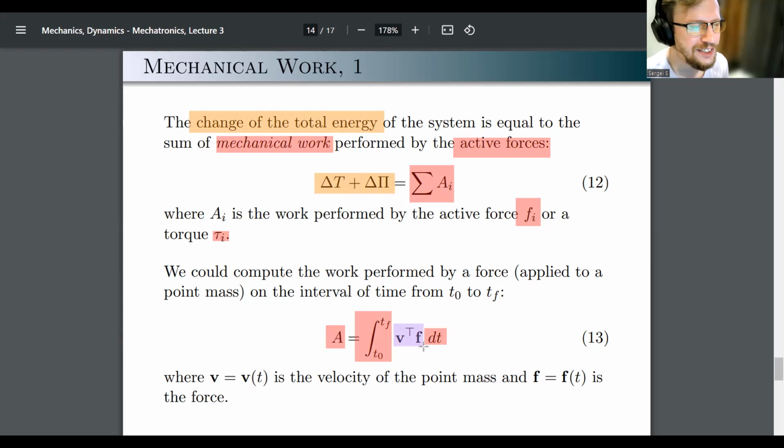As you can see, since we integrate, if force is constant, if force doesn't change, force can be taken out of the equation, and inside the equation will be the integral over velocity, which is like a path, right?